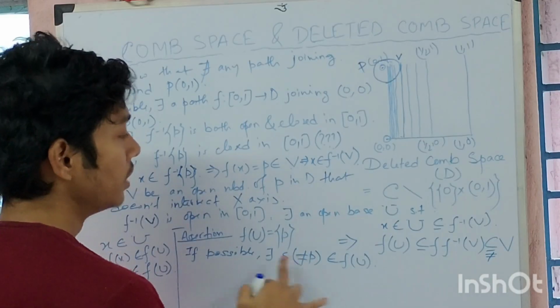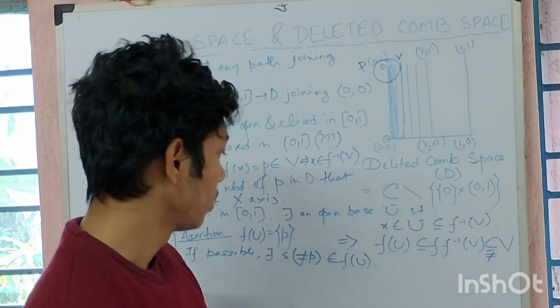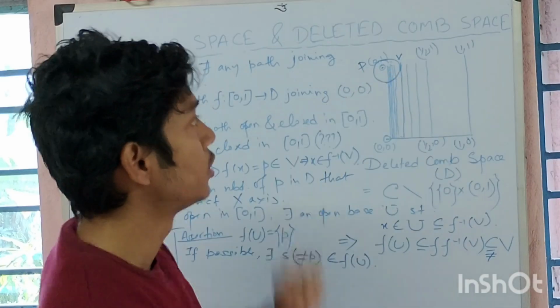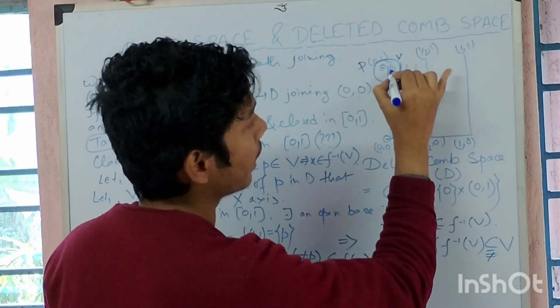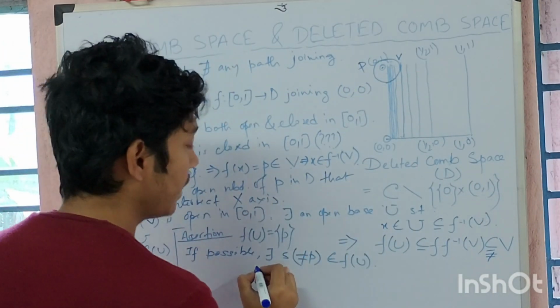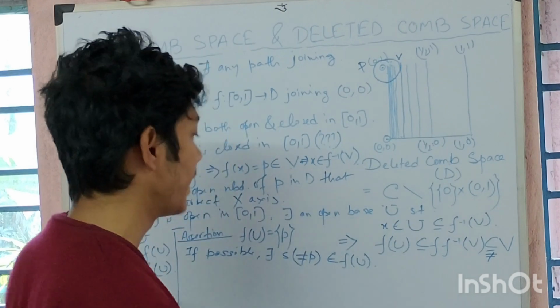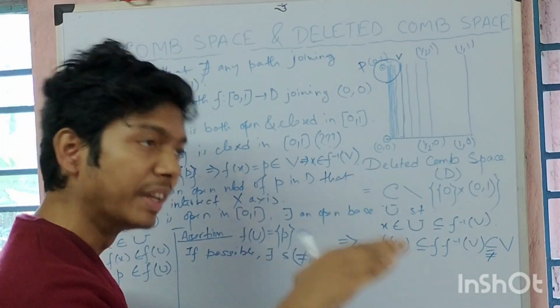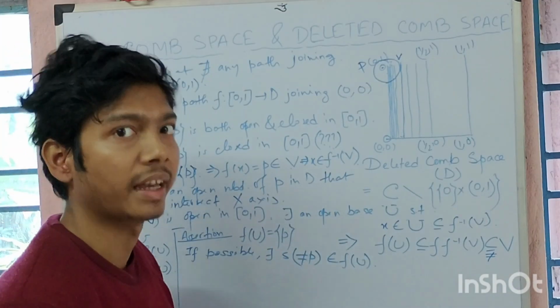So how will this S look? S belongs to anywhere here. This type of S is an element of the deleted neighborhood, and S is not present on the x-axis because I have taken V such that V doesn't intersect the x-axis.